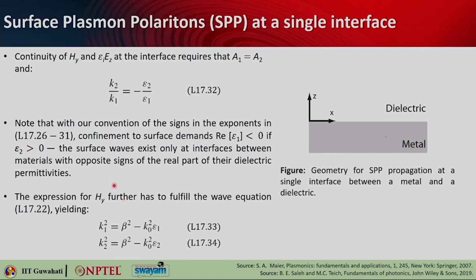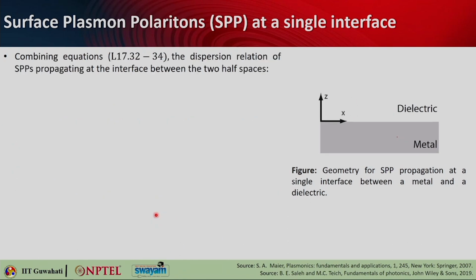In that case the expression for Hy gets further simplified and that has to further fulfill the wave equation, and that gives you these two values of Kz. Okay. So K1 square is the component of the wave vector along z direction in the metal, and K2 is the component of the wave vector along z direction in the dielectric.